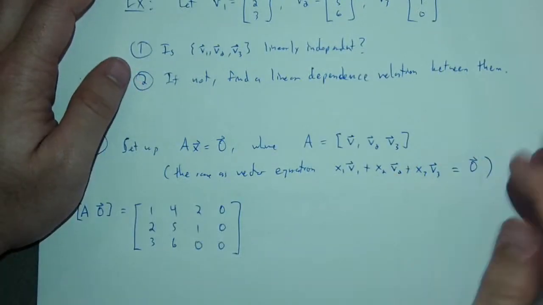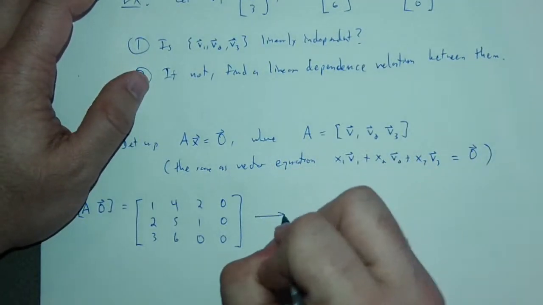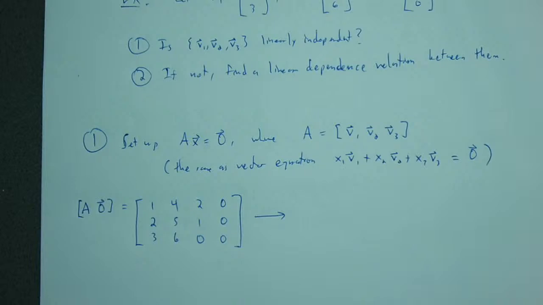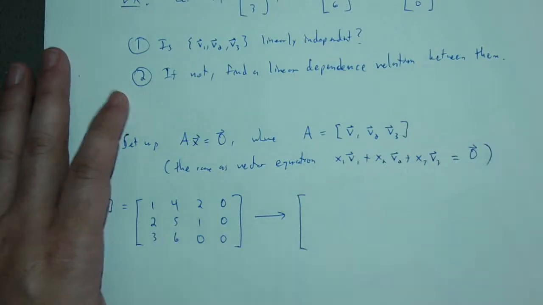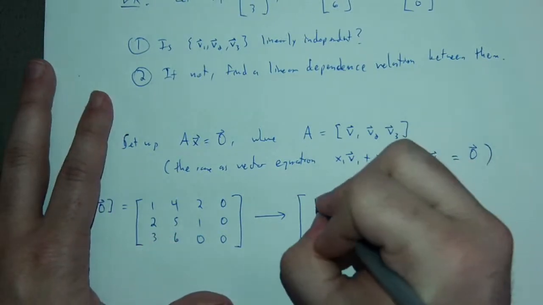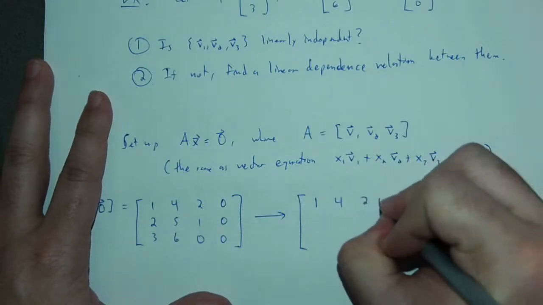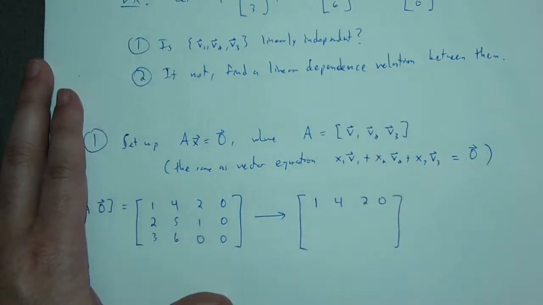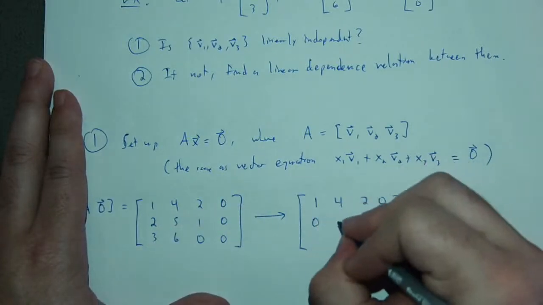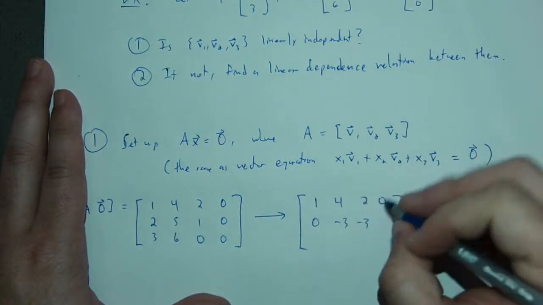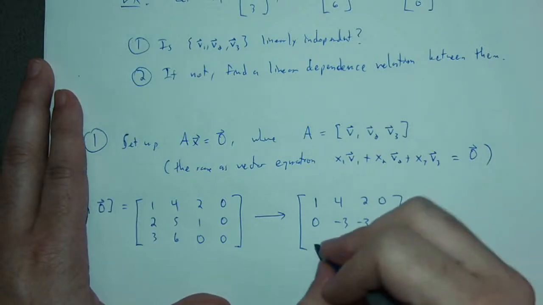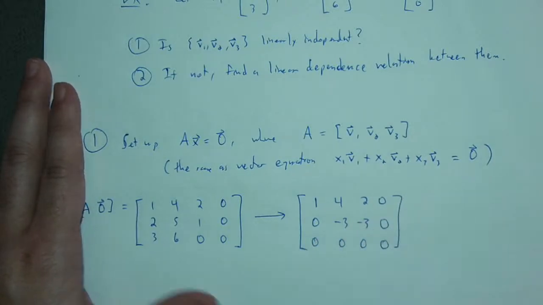Then after some row reduction, reading row wise, I can reduce this to 1, 4, 2, 0. I can zero out these two entries, so I'll do that in one go. So this is 0, minus 3, minus 3, 0. And then the last row is 0, 0, 0, 0.